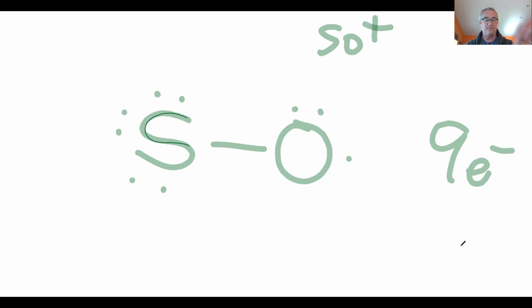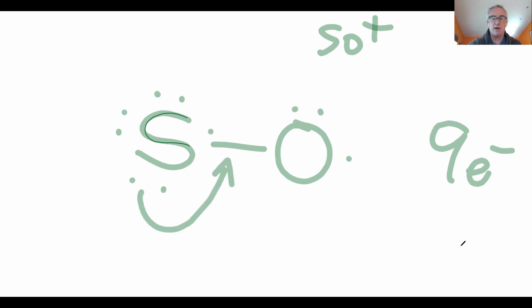So sulfur's happy, oxygen not very happy. How do we make sure each of them gets as many electrons as they need? We would move a lone pair from sulfur to make a double bond between sulfur and oxygen. Put that in the middle.